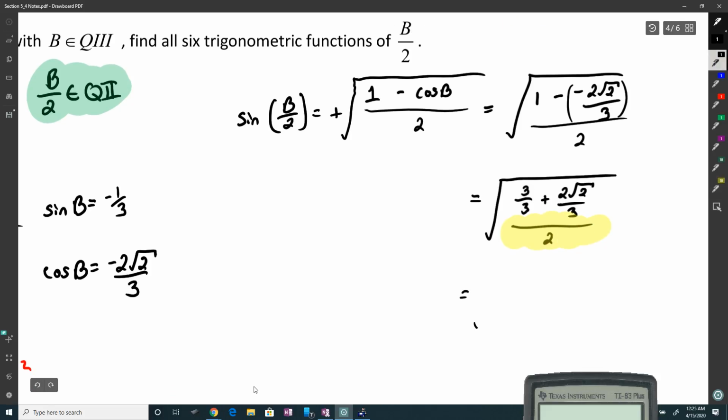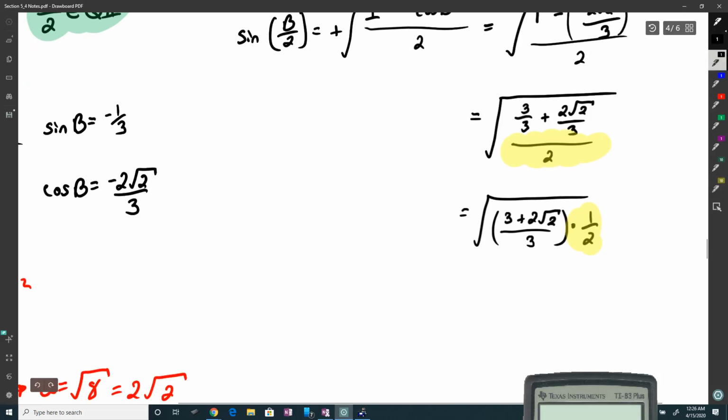So this is just 3 plus 2 square root of 2 over 3, that's the numerator, times 1/2. And so we end up with 3 plus 2 square root of 2 over 6.